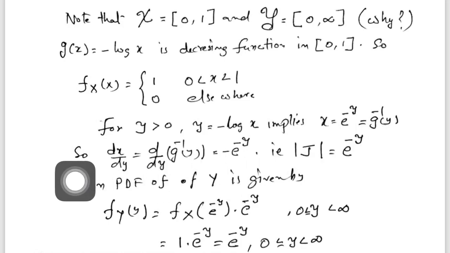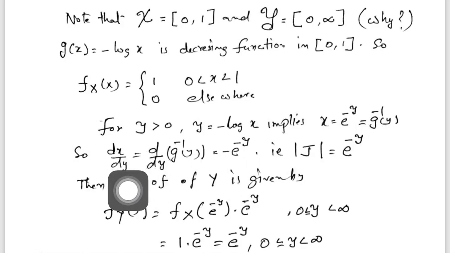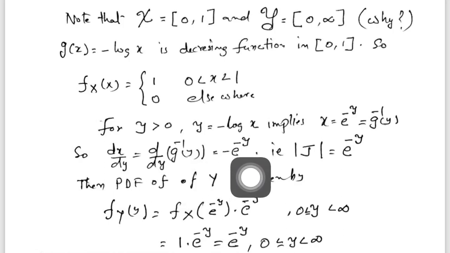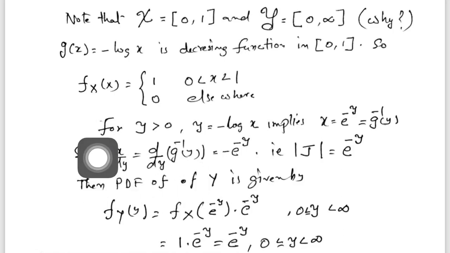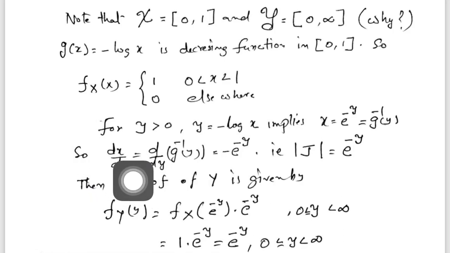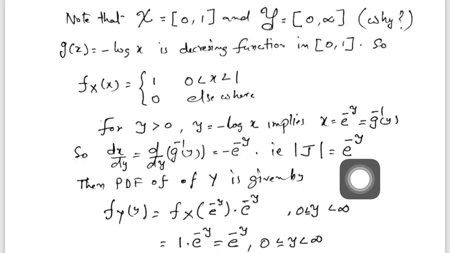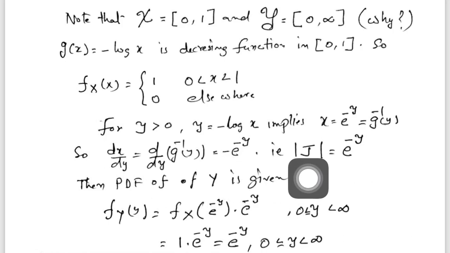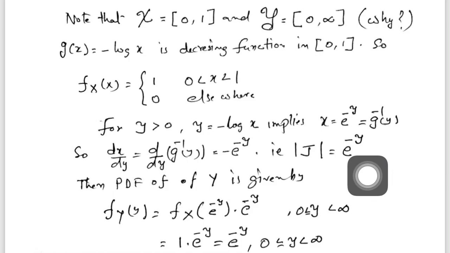And you can see that dx by dy is equal to d by dy of g inverse y, that is minus e to the power of minus y. If you take the absolute value of this, the modulus of the Jacobian, modulus of dx by dy, that is equal to e to the power of minus y.